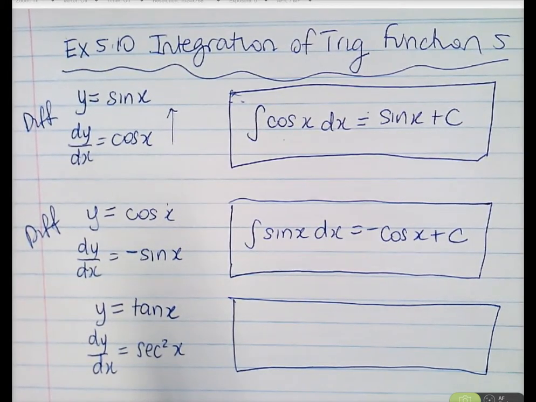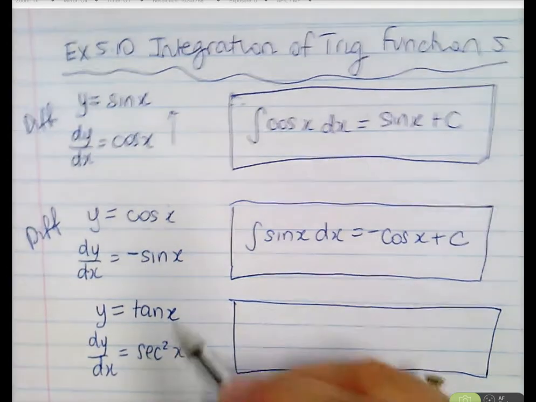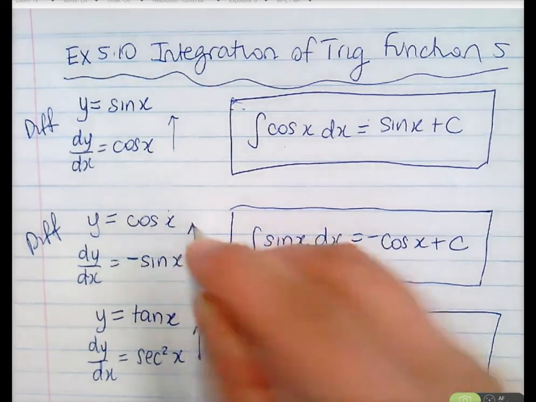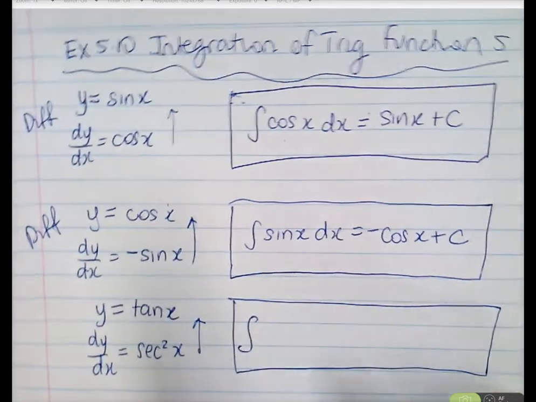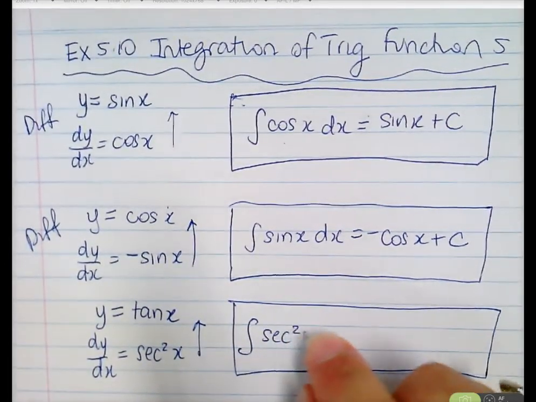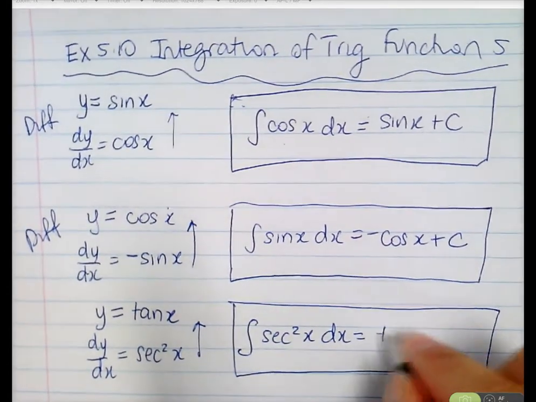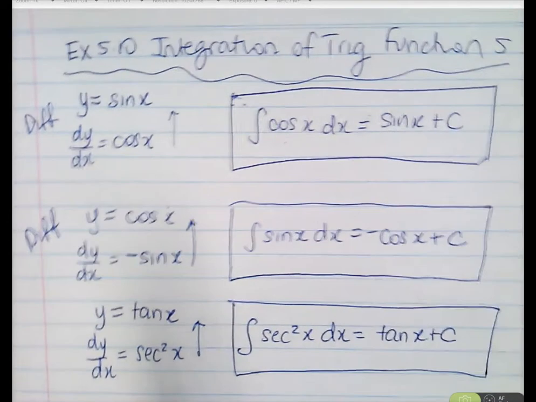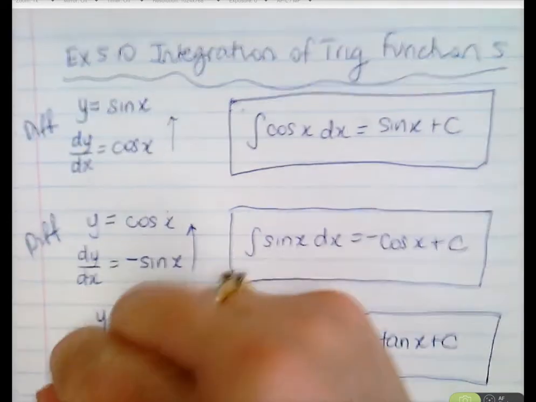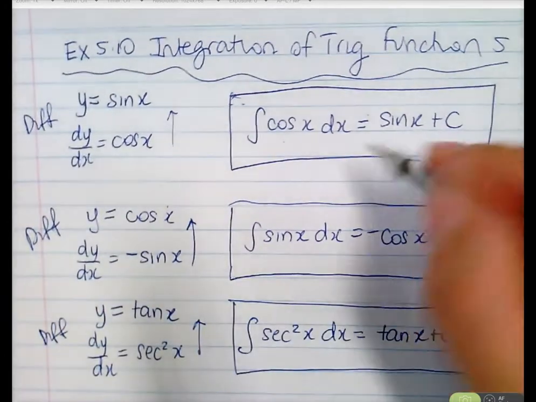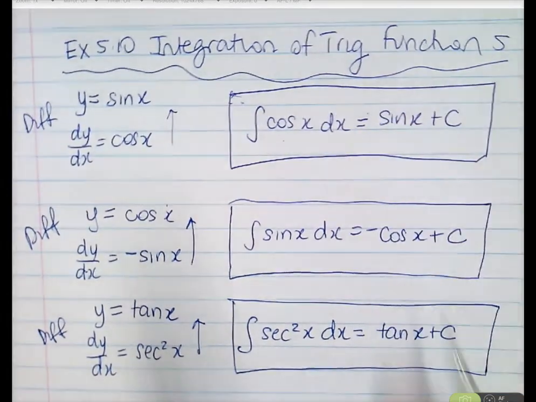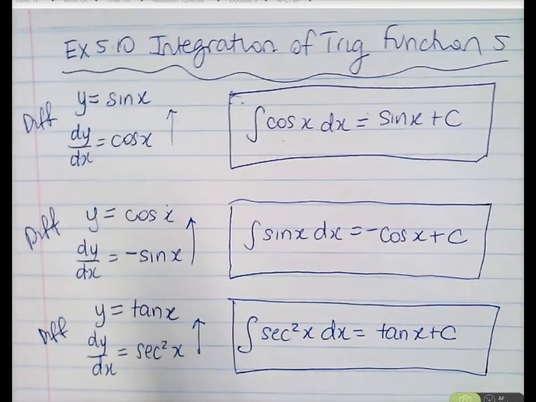The only thing is the reverse process of this. So we can integrate sec squared x. The integral of sec squared x is tan of x plus c. Now those are the straightforward ones, so that's the differentiation, and these are the integrations in the boxes.